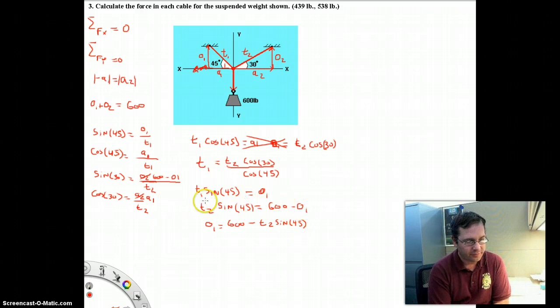Well, notice that we have two expressions that are now both equal to O1, which means we can set them equal to each other. So T1 sine of 45 equals 600 minus T2 sine of 45 degrees.